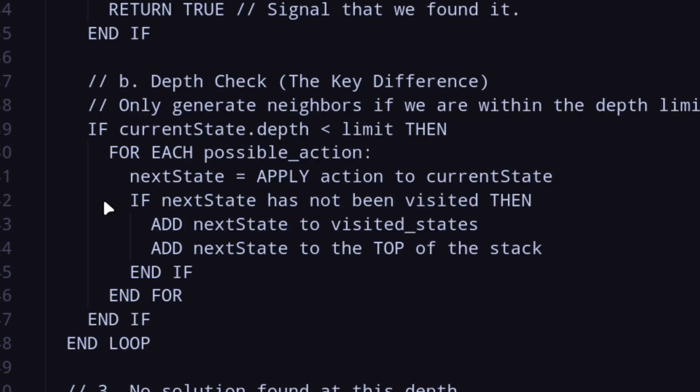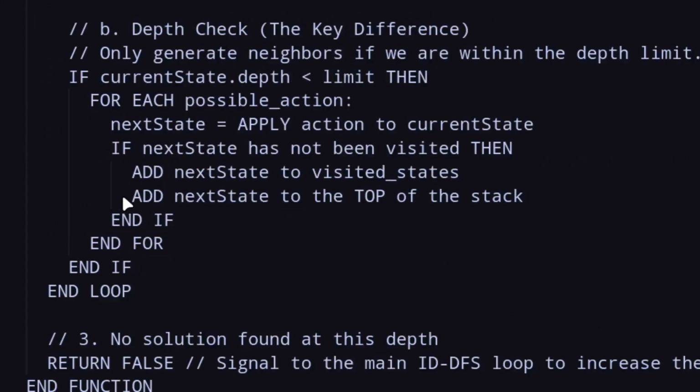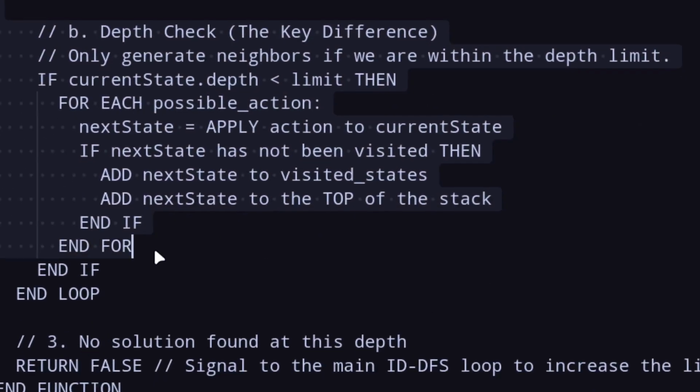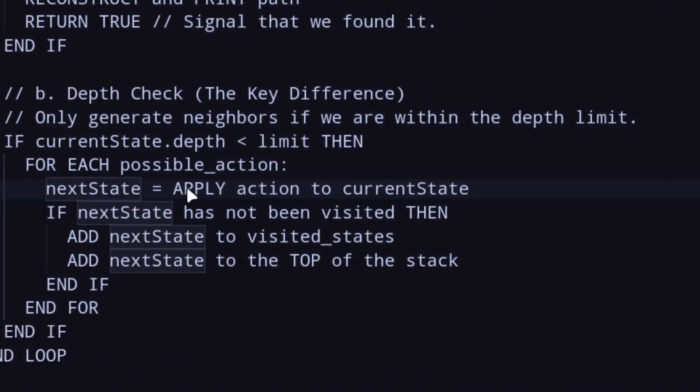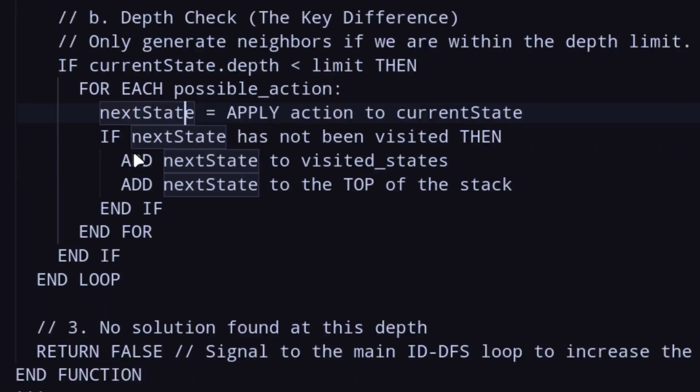If the answer is no, then only go and check for the solution in that state. Now you add this next state to the visited states and add it to the top of the stack, and it will again go into the main loop and check for it. This is nothing but your DFS algorithm, right? This DFS algorithm now has just one more condition, that is how many times it could actually run.